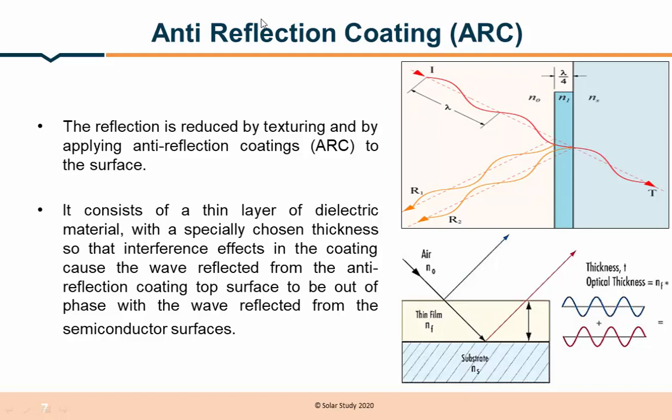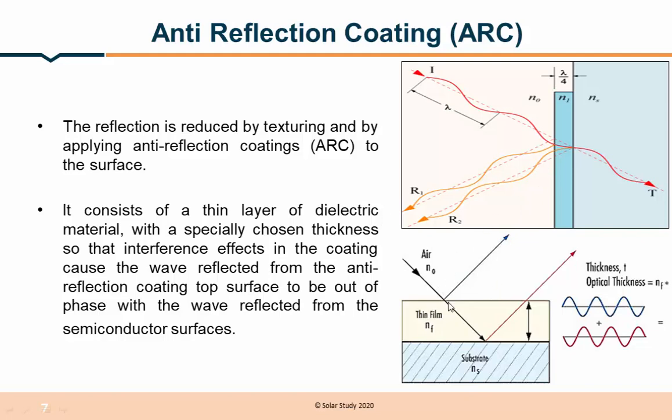This anti-reflection coating, as I already told, is a thin dielectric material. It can be anything. The thickness is in the micrometer range for the solar cell. Due to this coating, much more light can come inside to the electron hole pairs, and the remaining waves are reflected from the surface.